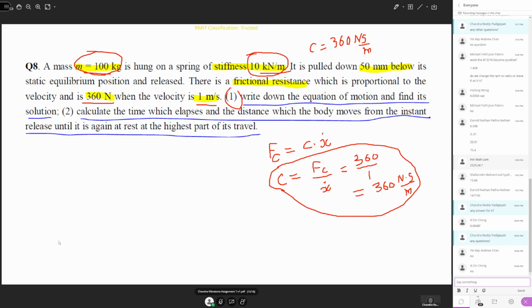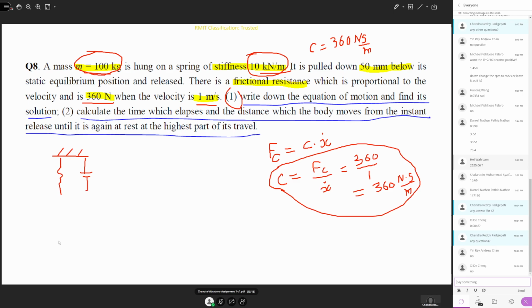So basically you are dealing with an MKC system. Your system is something like this. You are dealing with a stiffness constant, a damper, and a mass. I draw the damper like this.